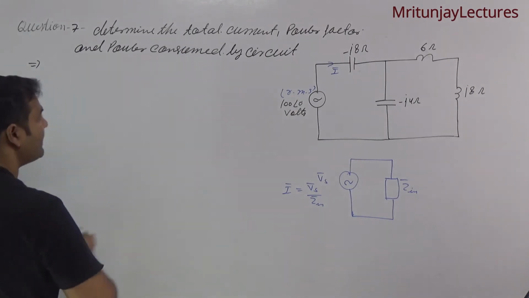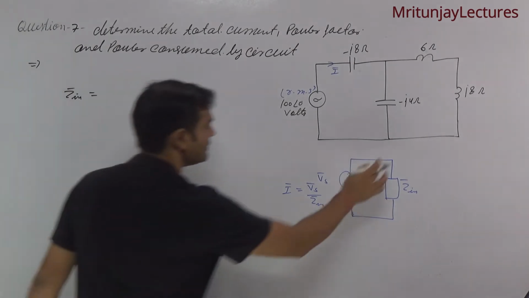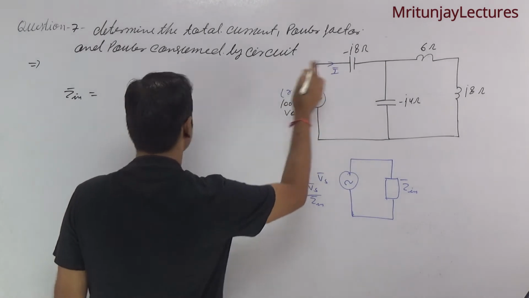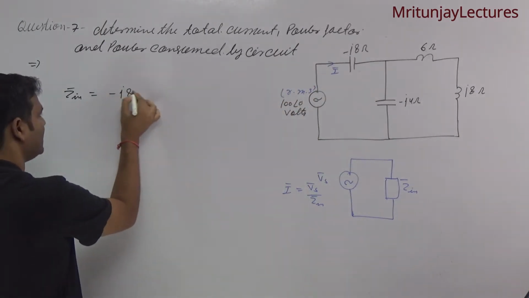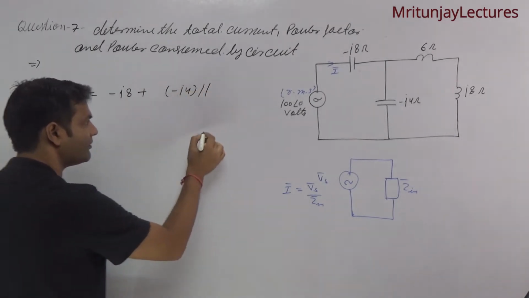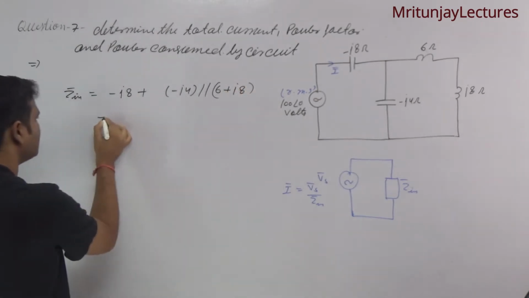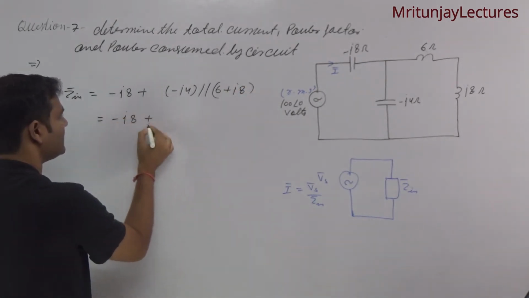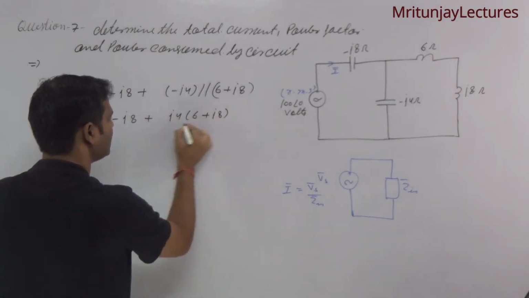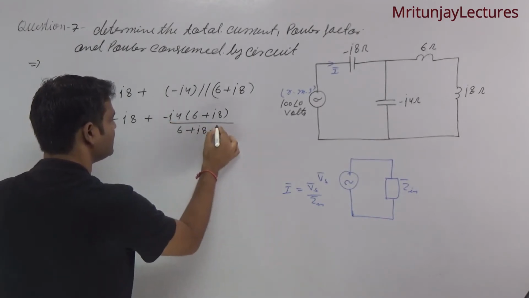Z input is first of all, this one and this one are series and parallel to this one, written as minus J8 plus J4 in parallel with 6 plus J8. Clear?